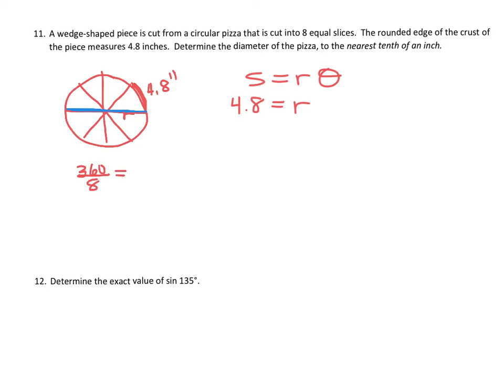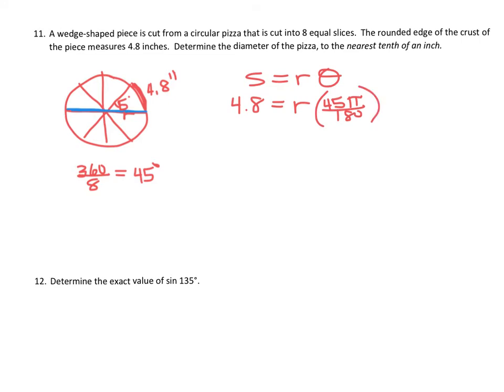So that means each piece has a 45-degree angle, like the pointed edge. Now we want to convert that into radians, because theta in our formula is in terms of radians. So instead of just plugging in 45, I need to multiply that by pi over 180.